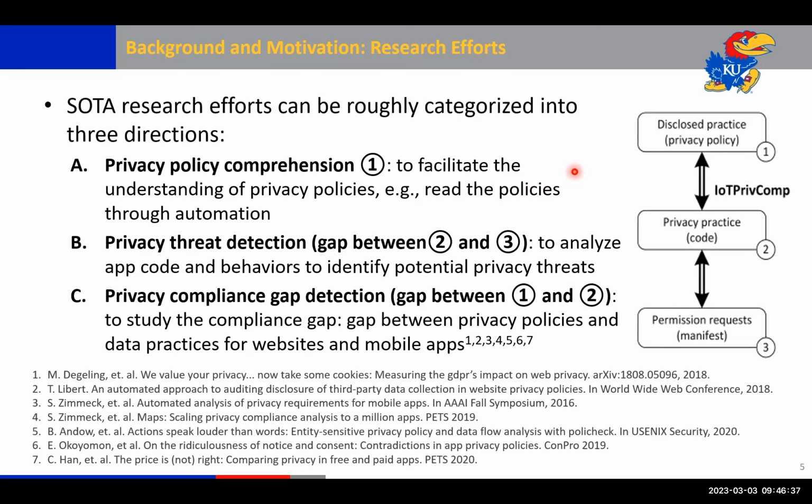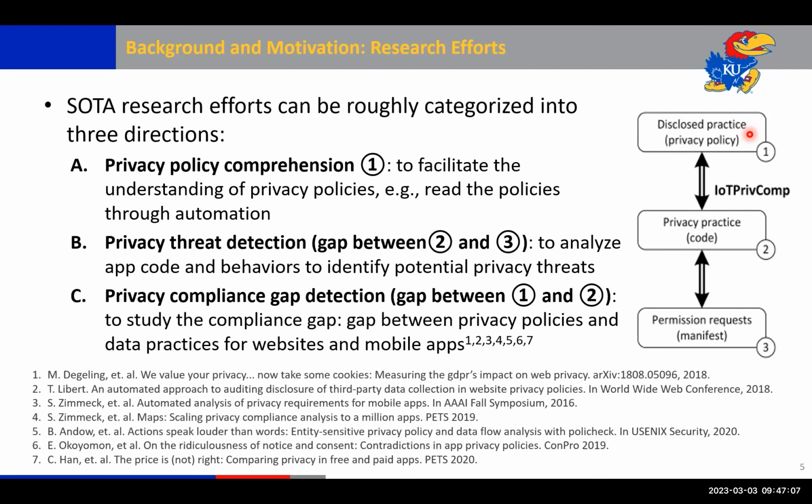To overcome the challenges that I have just discussed, there has been some research done in the past. This figure shows what research has been done. Number one here is privacy policy comprehension: there has been some work done to let users know what the privacy policies are telling them through automation.